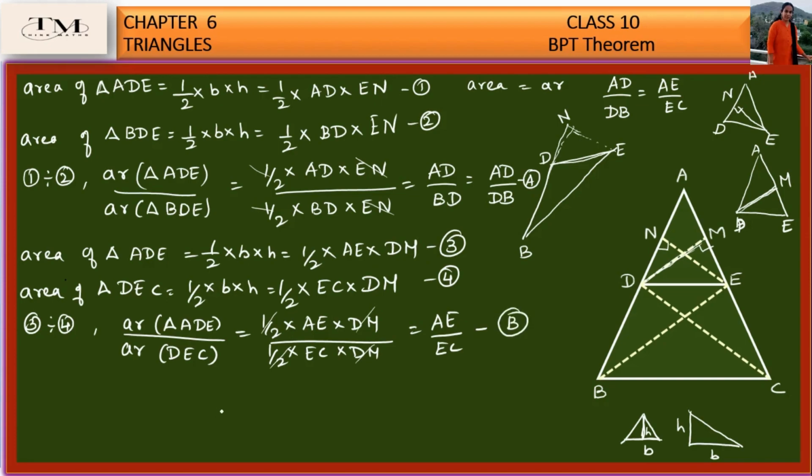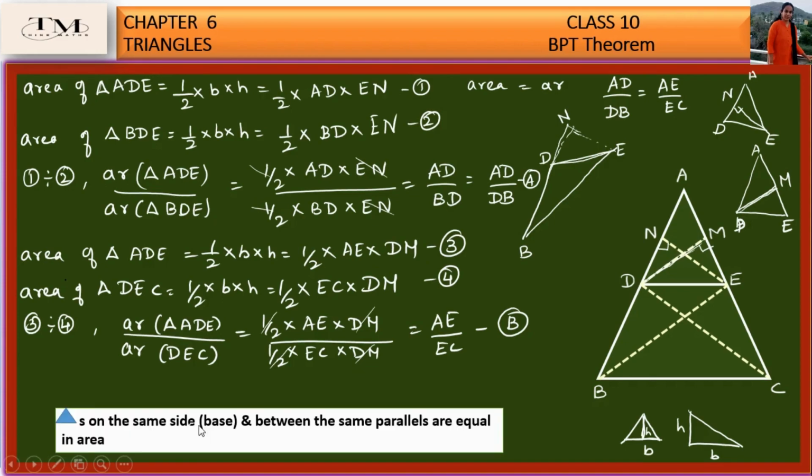So now we know one statement which we studied in 9th standard. That is, if there are two triangles with the same base. Now I am going to consider the two triangles which we framed here, that is triangle DEB and triangle DEC.